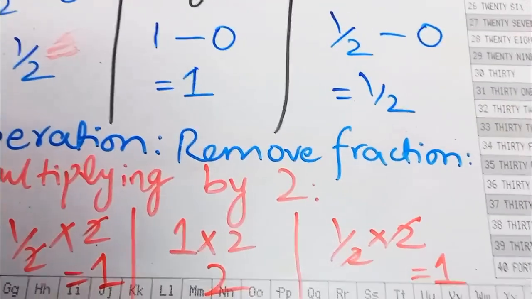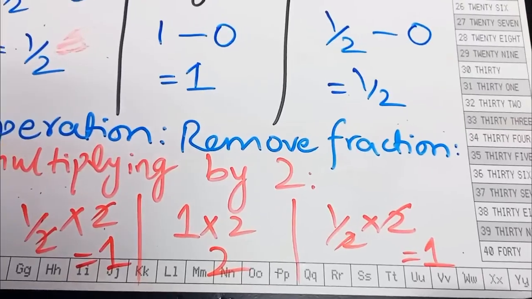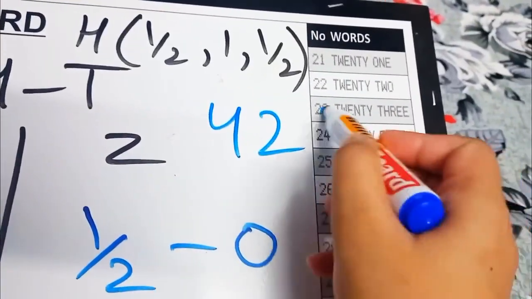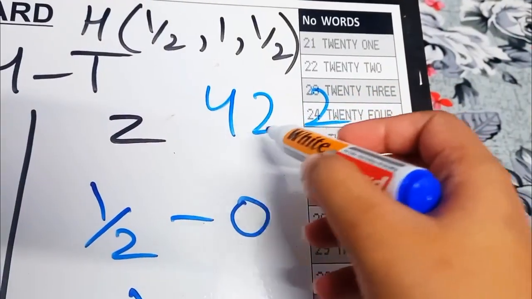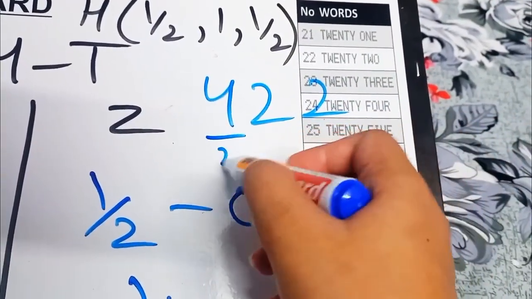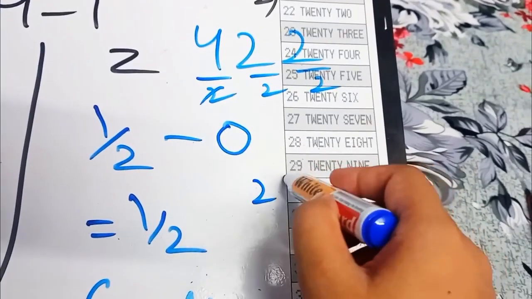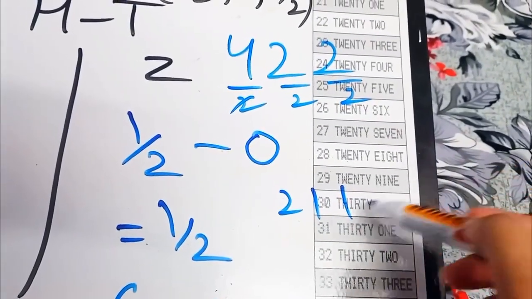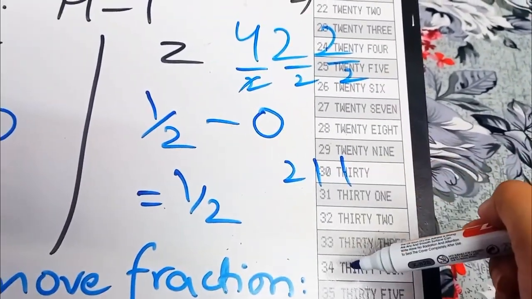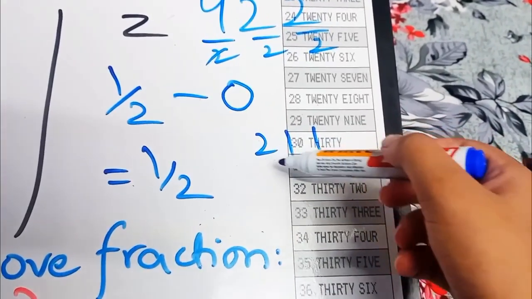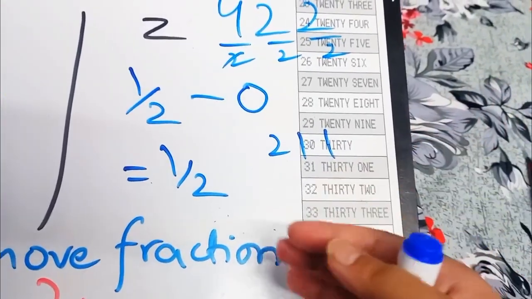So for example, sometimes we get numbers like 4, 2, 2. If we divide each of these numbers by the same number 2, then it could be reduced to a least integer form, which cannot be reduced further because there is no other number that could divide these numbers to make them lesser.